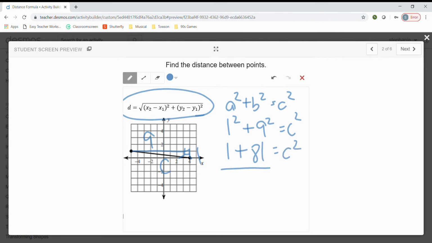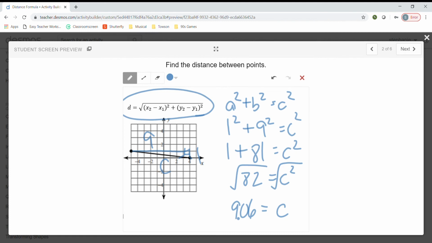Can I add them together? Yes, I can. 81 plus 1 is 82. So then I can take the square root. I'm left with 9.06. So that is the length of my diagonal.